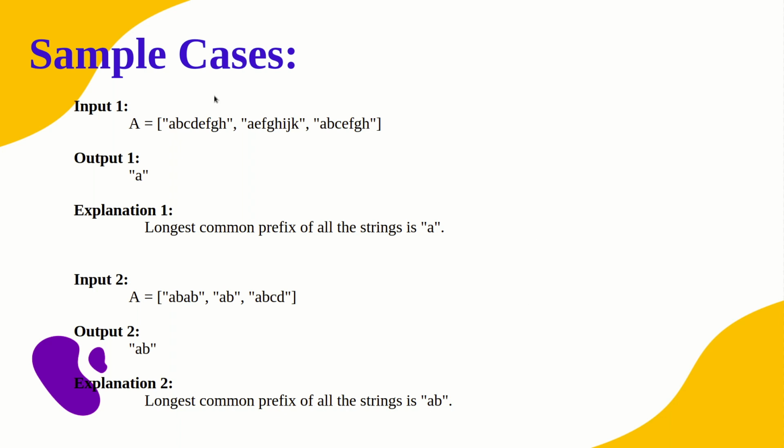So if I give you this single string, all the valid prefixes would be A, AB, ABC, ABCD, ABCDE, ABCDEF, ABCDEFG, ABCDEFGH, all the strings starting from the first character till the end. All such strings will be the valid prefixes.